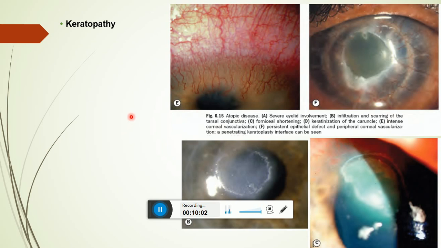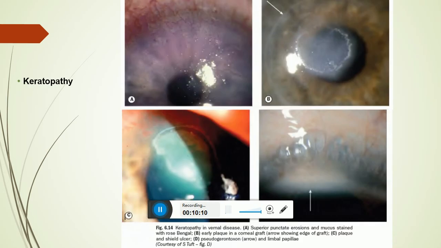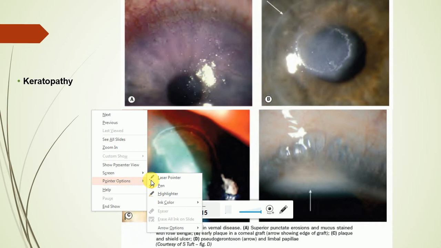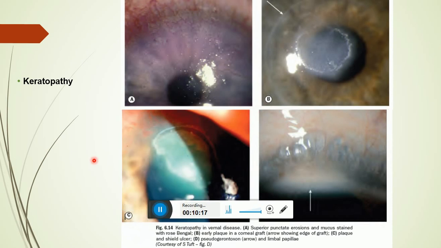There are superior punctate epithelial erosions associated with layers of mucus on the superior cornea. Here you can see superior punctate epithelial erosions with layers of mucus on the superior cornea.